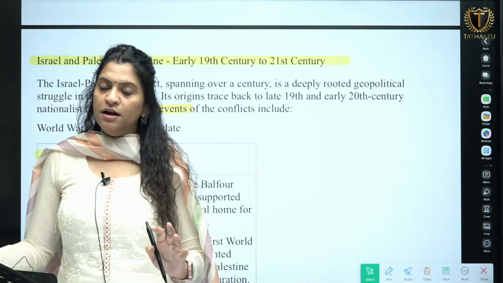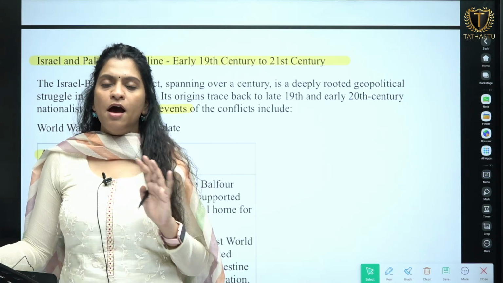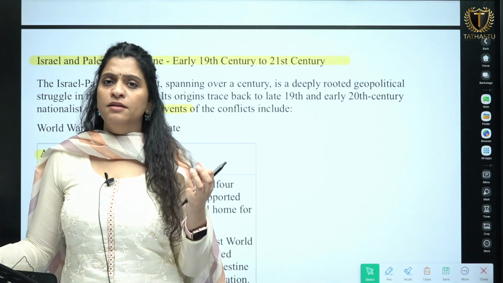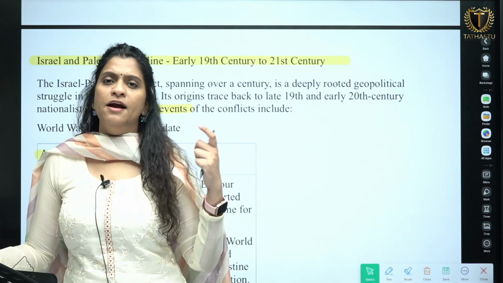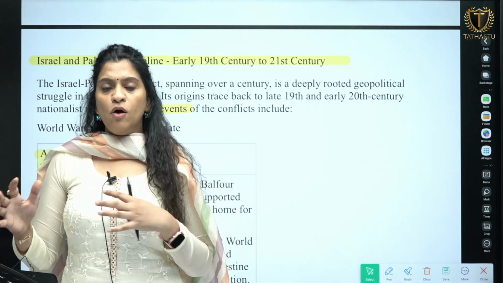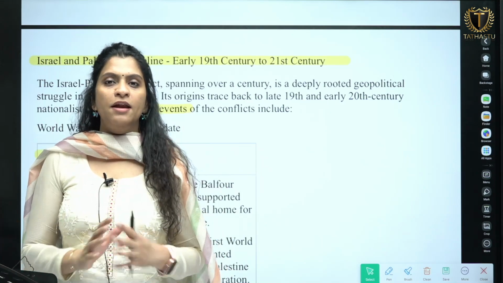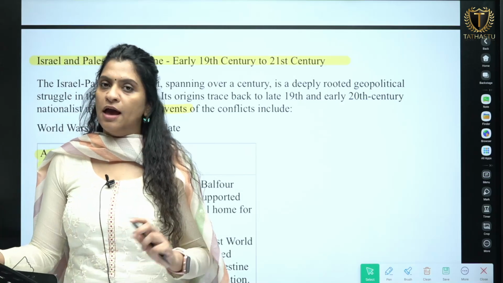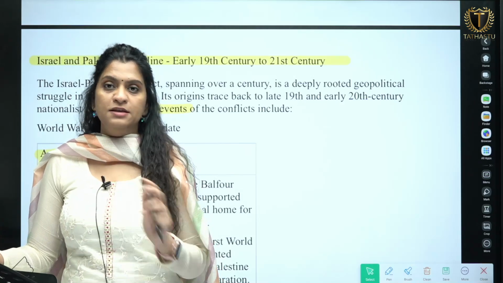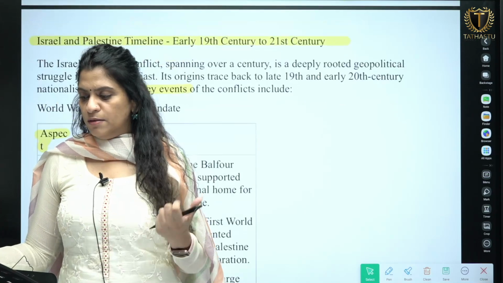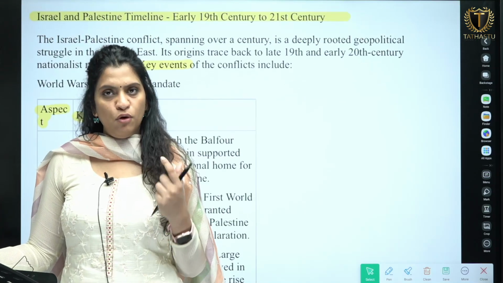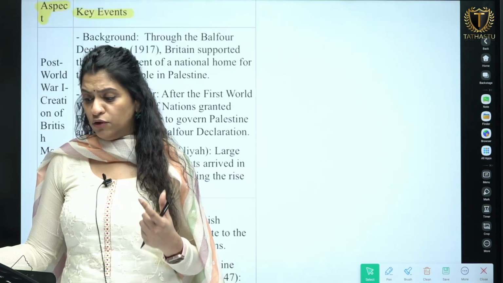If you just go through the entire issue, historical timeline, the present stand, the historical stand, India's stand, US stand, and all the countries, all the players involved will be clear to you, and any kind of question comes, you can attempt easily. ठीक है? तो this Israel and Palestine timeline जो है, that also you can read on your own.